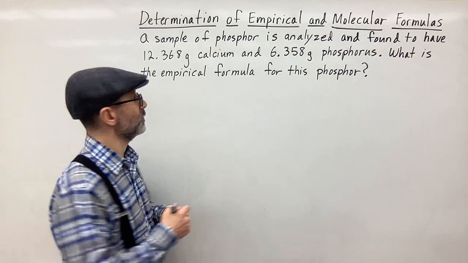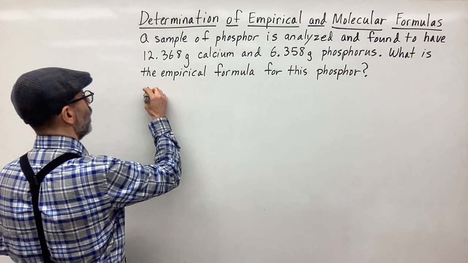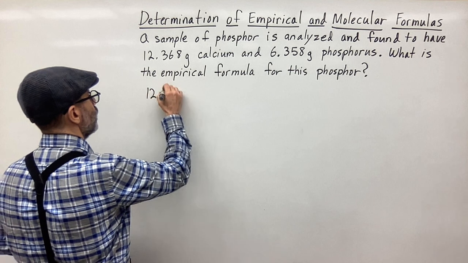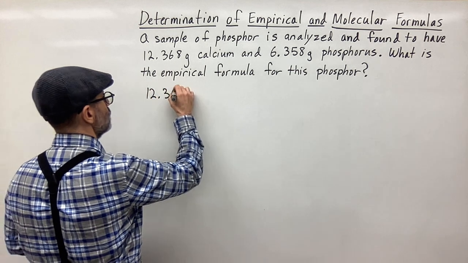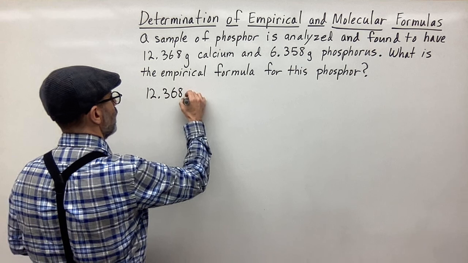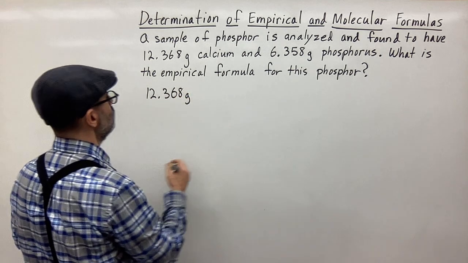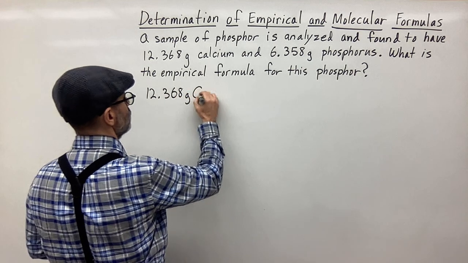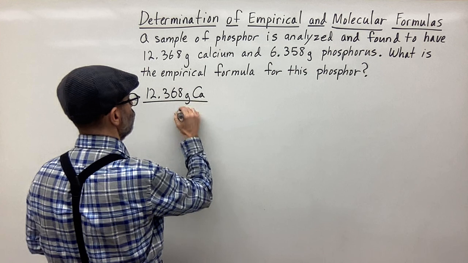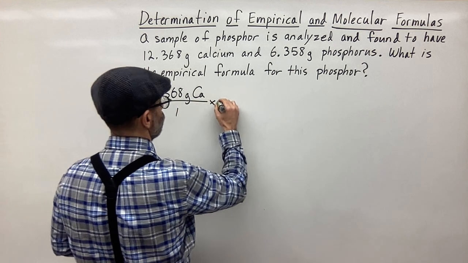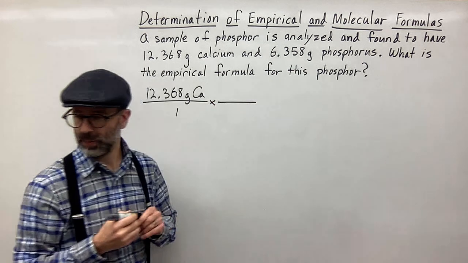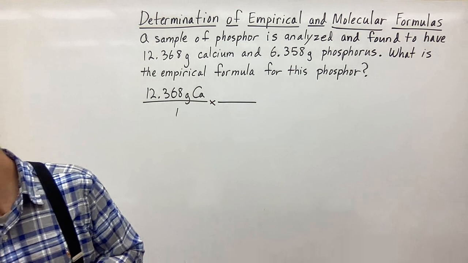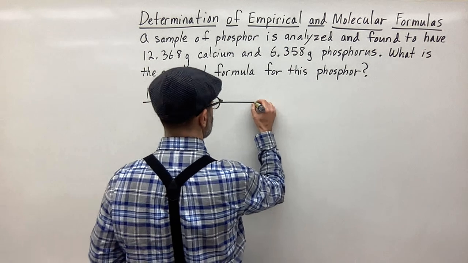So I'm going to take the 12.368 grams, and this is calcium, and I'm going to use the molar mass to convert that to moles. And what's the molar mass of calcium? 40.078.